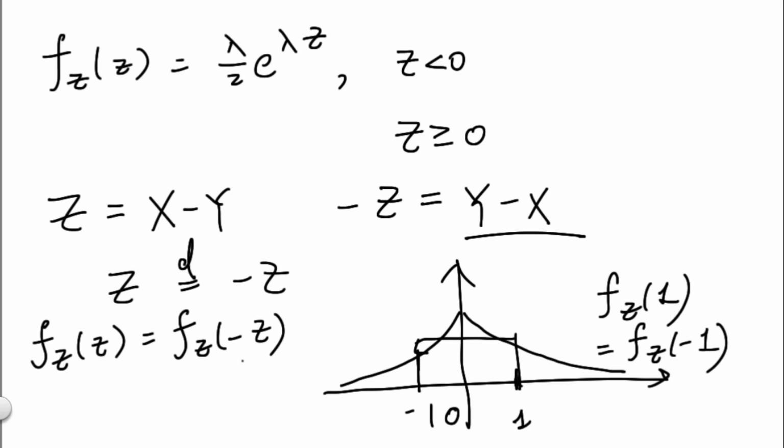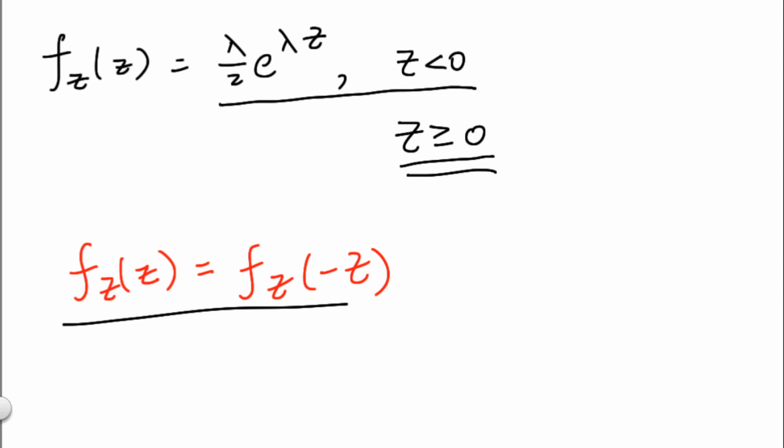So this allows us to get all the information for z less than 0 and generalize it to the case where z is greater than or equal to 0. In particular, by the symmetry here, we can write for the case z greater than or equal to 0 lambda over 2 e to the negative lambda z. The negative sign comes from the fact that the distribution of f of z is symmetric around 0, and we simply go back to the expression here to get the value.